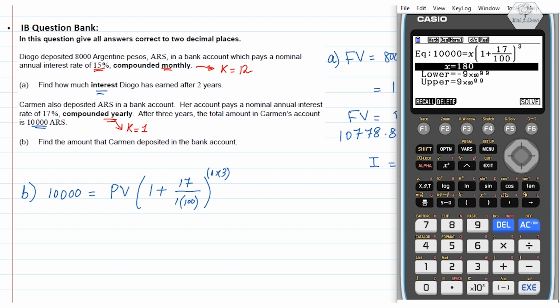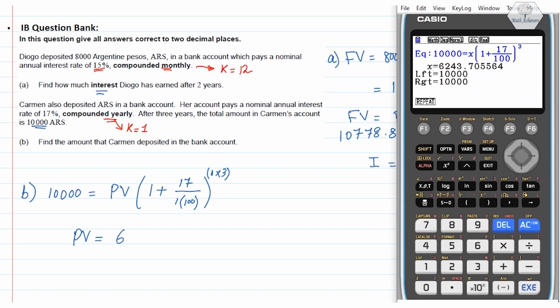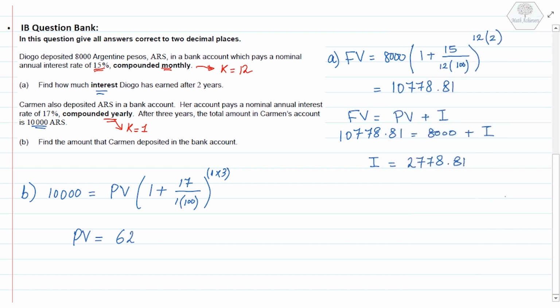And then I execute. I find that the present value is equal to 6,243.71. And by this, I could find the present value by simply using the solver on my graphical display calculator.